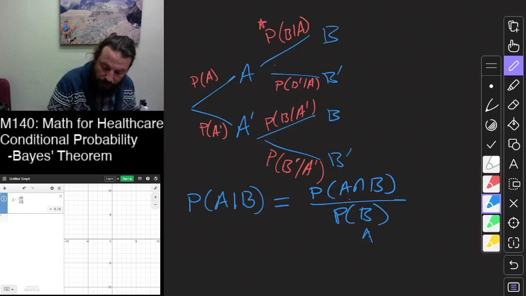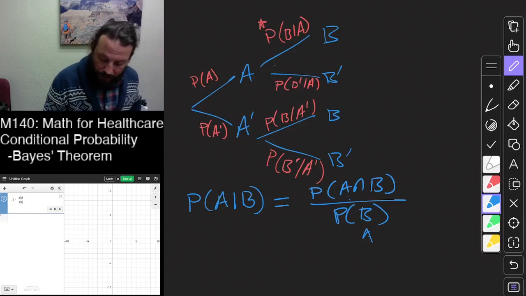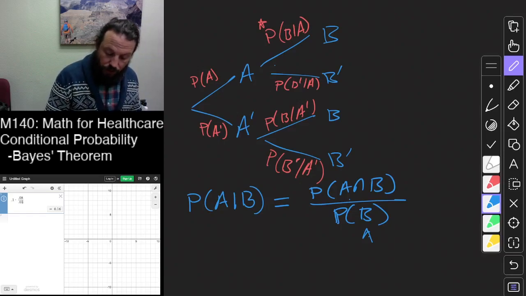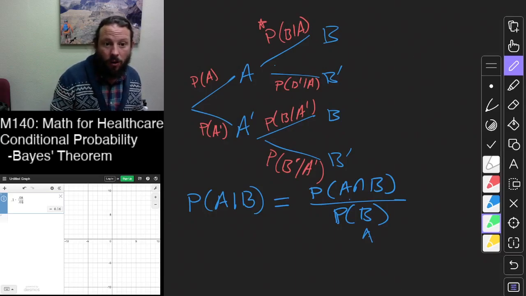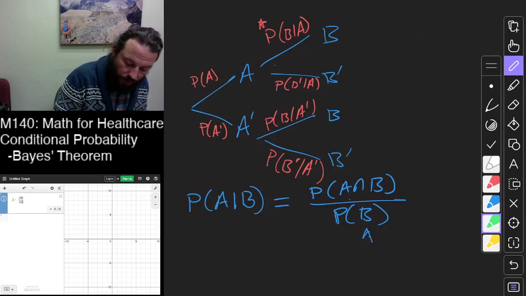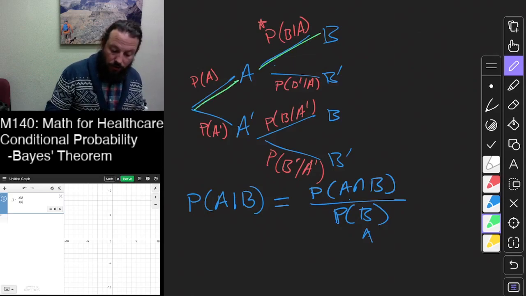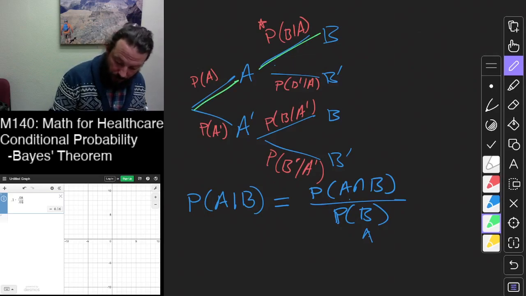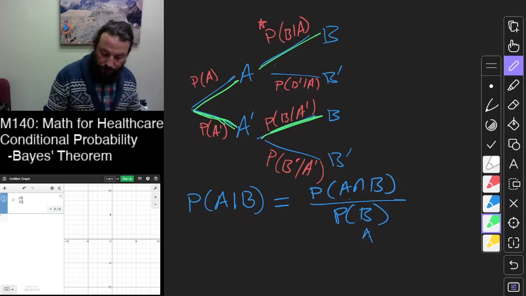Well, how does that probability of B relate to the tree diagram? We could think about it as all paths to B. I could go through A, and I could go through A complement to get to B. Those are the two paths to B.